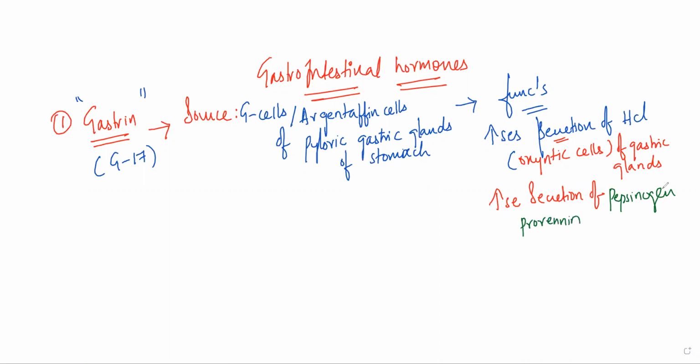And these are going to be secreted by which cells of the stomach? It's going to be your peptic cells. So gastrin is going to act on the peptic cells and stimulate them to pour more pepsinogen, more prorenin.